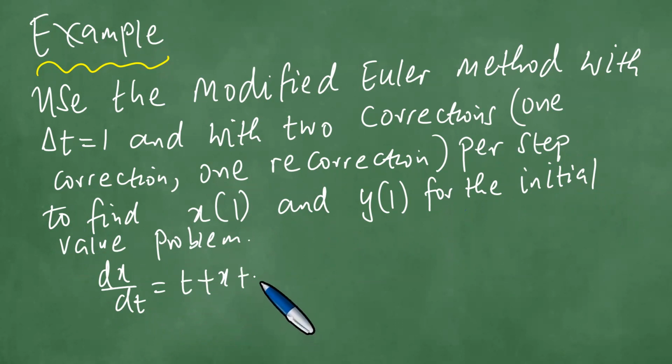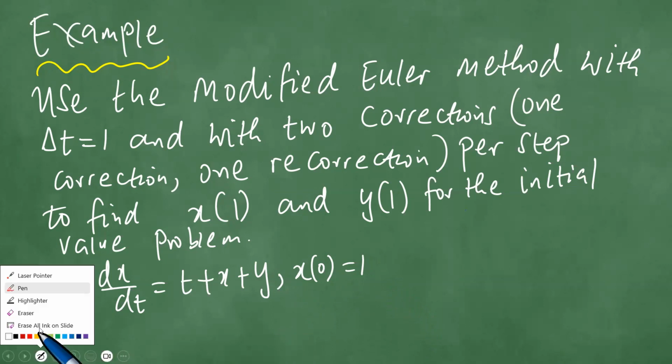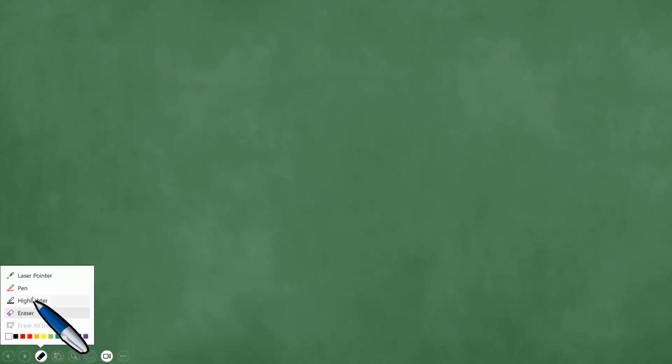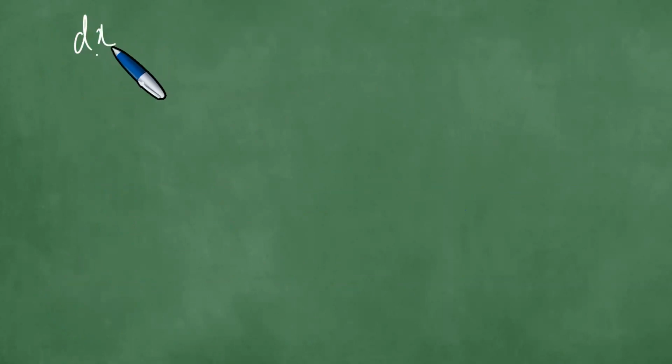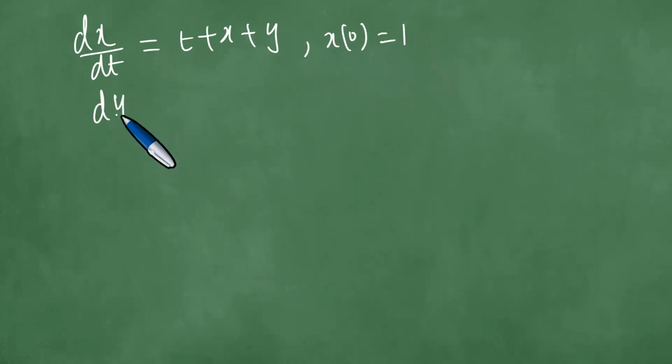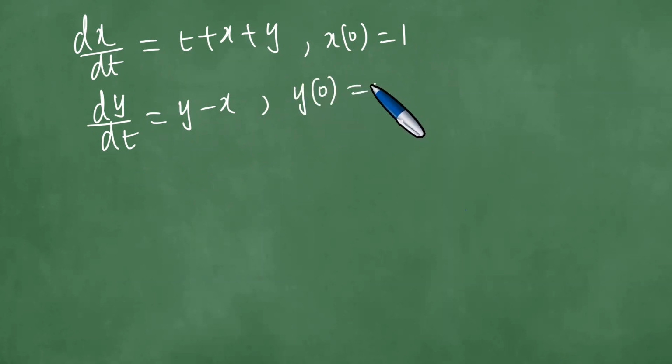Let me write it like this. So that would be dx dt is t plus x plus y, initial value 1, dy dt is y minus x, y at 0 is 0.